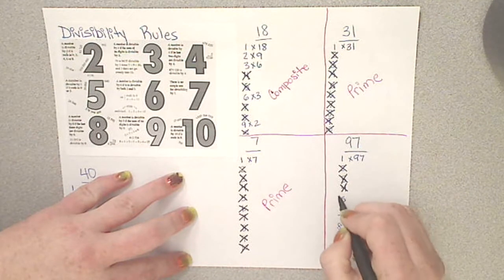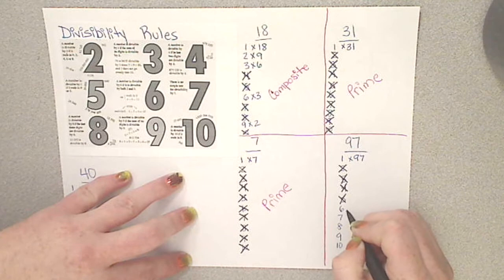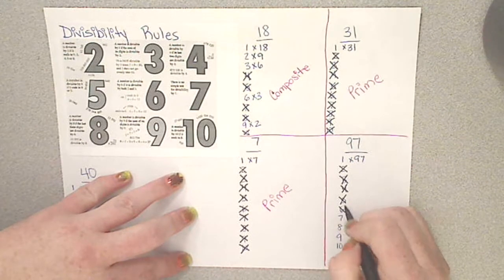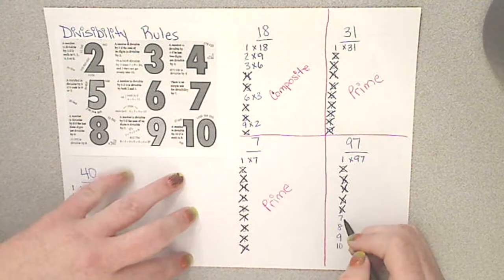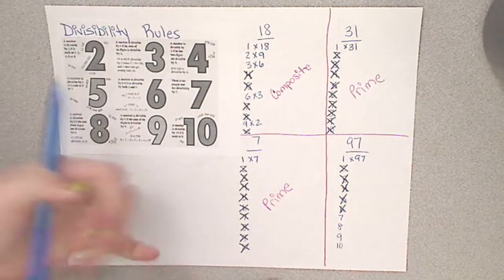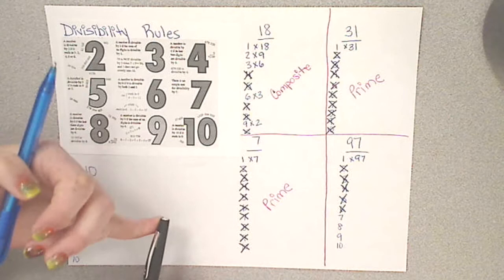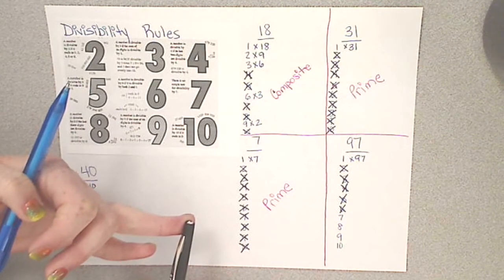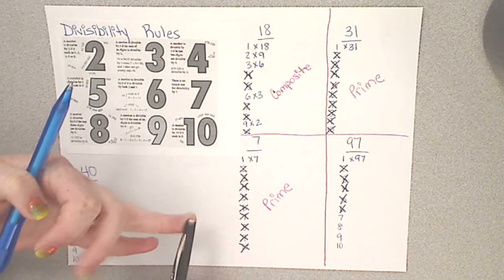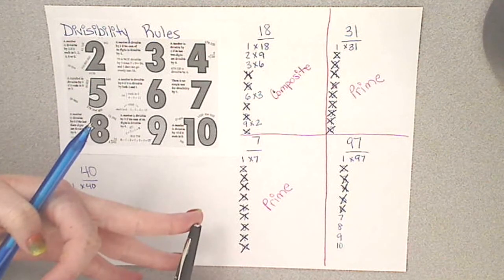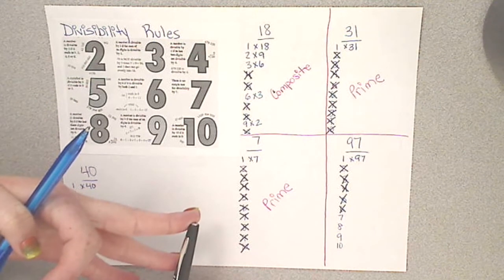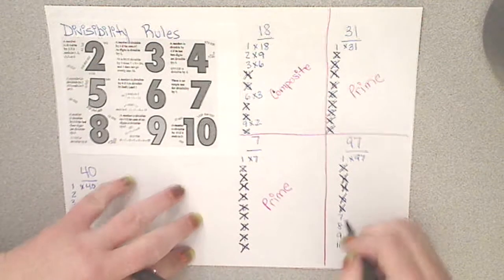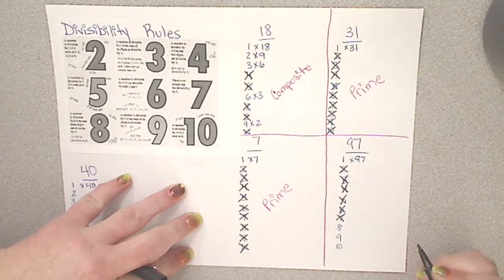It doesn't end in 0 or 5. It's not divisible by 2 and by 3, so 6 won't work. Now 7, I can think about this. If I know that 7 times 11 is 77, 7 times 12 is 84, so that means 7 times 13 would be 91, and 7 times 14 would be 98. So that's not right.